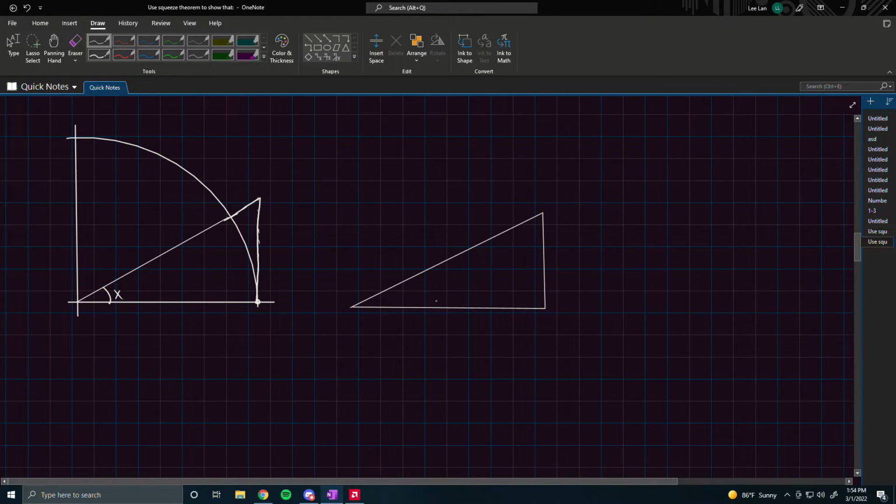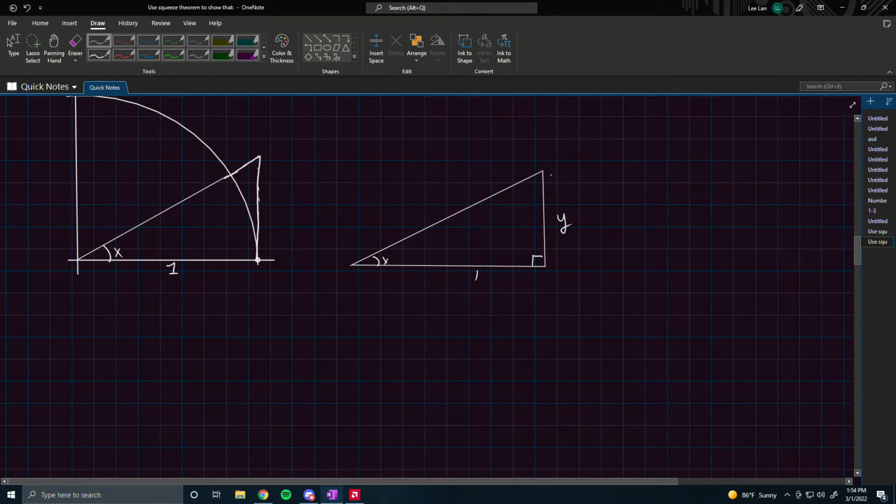Let's look at the dimensions of this triangle. We know that this distance here is 1. This is a right angle. This angle is x, and using trig we can find what this side is. Let's call it y.